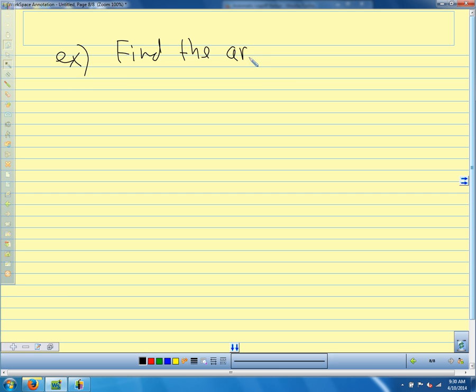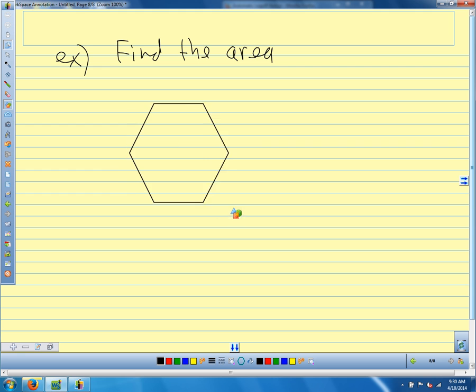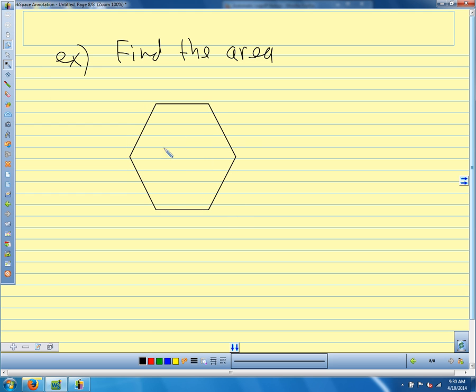Find the area. We're saying this is a regular hexagon. And that's all we have, is one side, 10 inches. And we want to find the area.